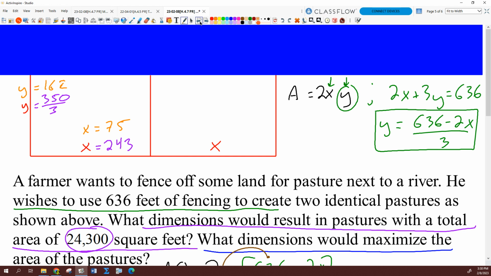You didn't do two identical pastures. You didn't multiply it by 2. You multiply x by 2. You just subtracted it. Oh, 150 divided by 3. Yeah, it should be 50. I agree.